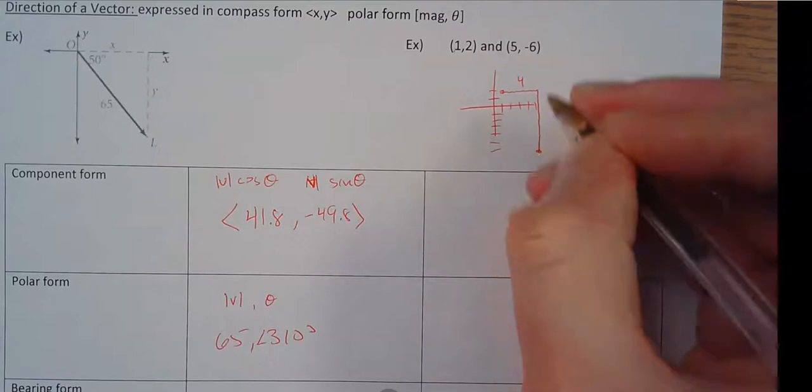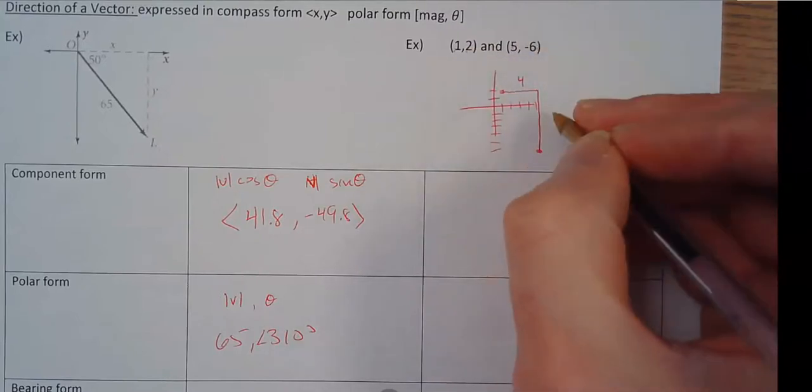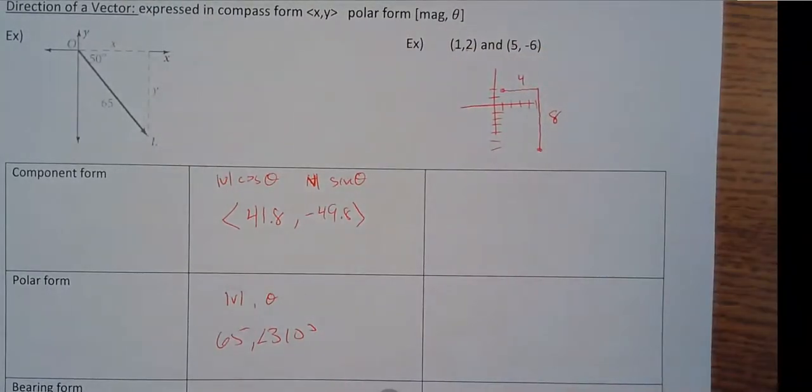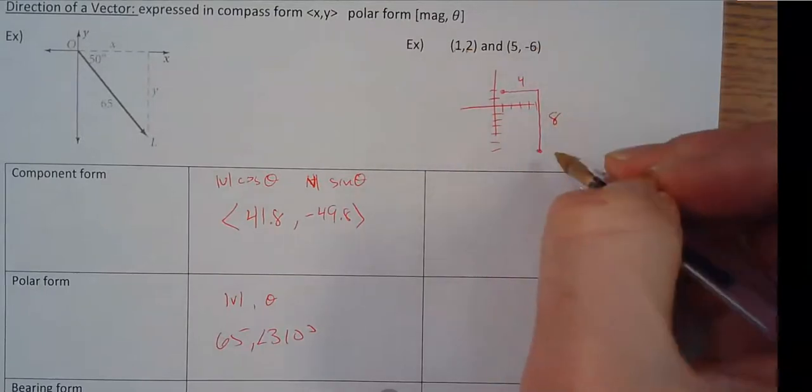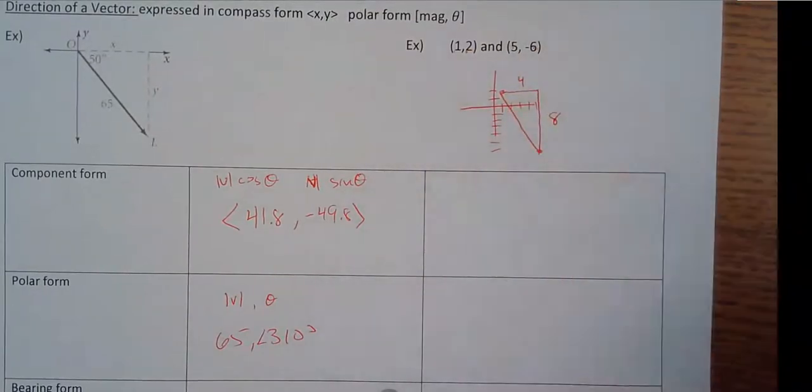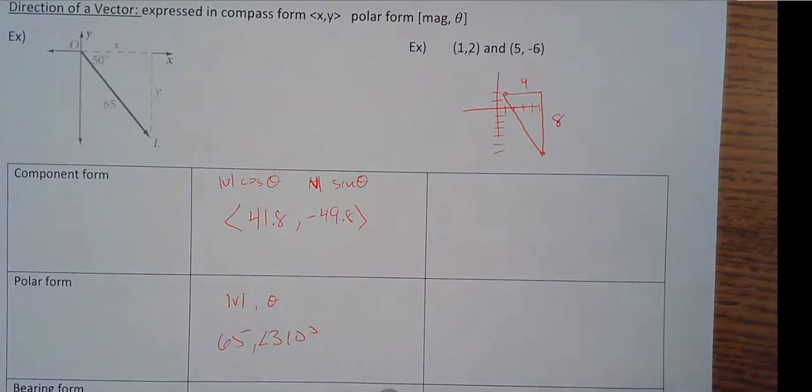And then going down to get from 2 to negative 6, that's a drop of 8 units. So you could think 2 minus negative 6 is 8. So if I want to find the magnitude, it's just find the distance, think hypotenuse of this guy, so 4 squared plus 8 squared.